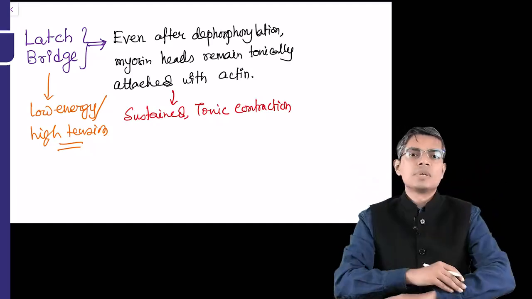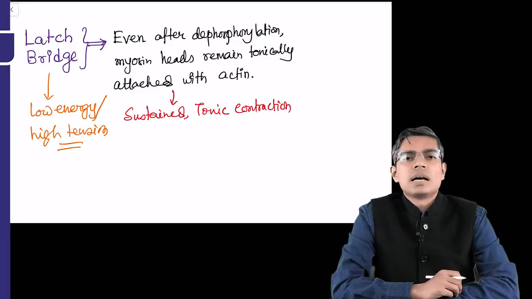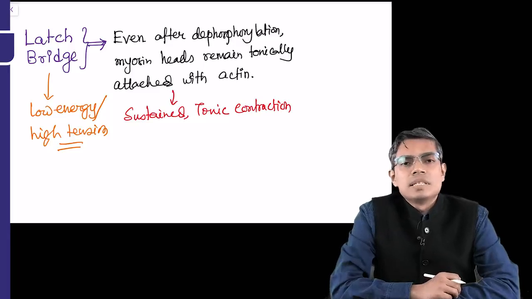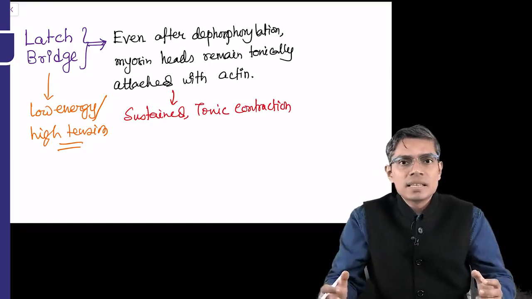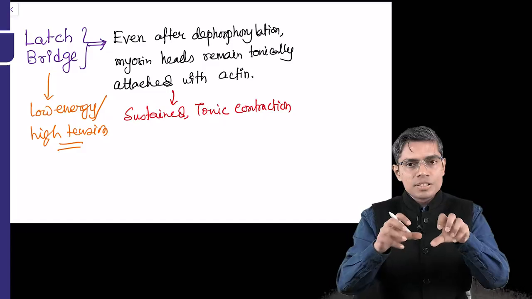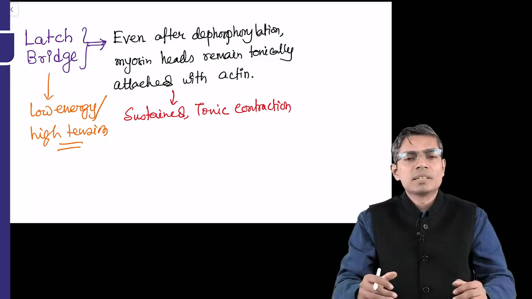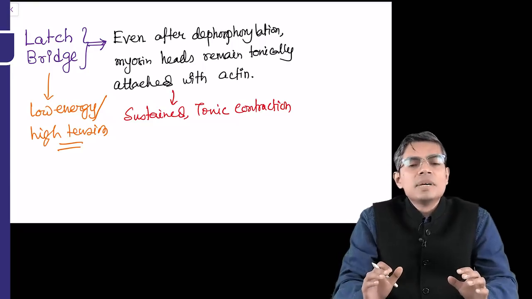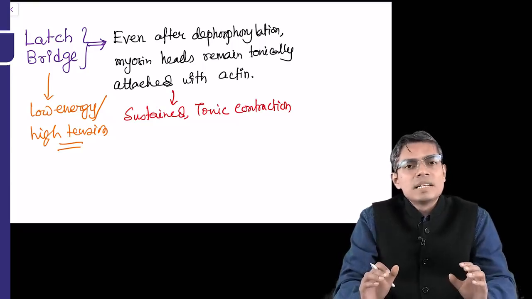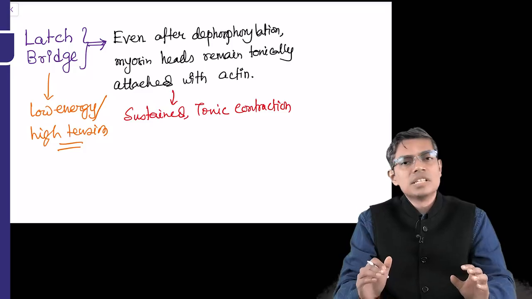This way, smooth muscle uses less energy but maintains sustained contraction, and this is very, very beneficial for GI smooth muscle and other smooth muscle like gallbladder and all, because if it is utilizing huge amount of energy like that of the skeletal muscle, then during GIT's movement, you require huge amount of basal metabolic rate. That way, this mechanism is very, very beneficial by which smooth muscle maintains its contraction for long duration, that is latch bridge phenomena.